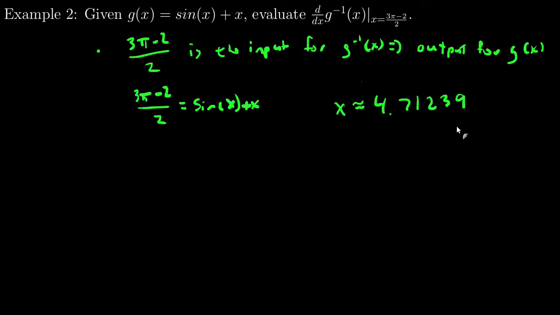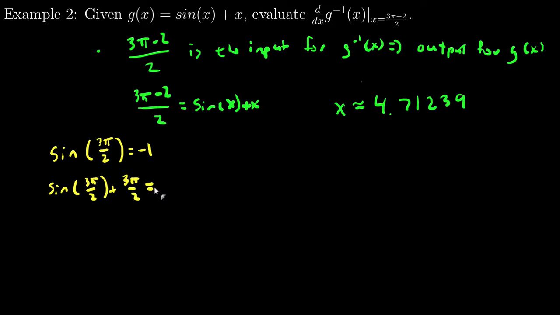Now, I actually know a little more about this, so here's a little aside. Because I have seen this function enough, I know that the sine of 3 pi over 2 is -1, and so the sine of 3 pi over 2 plus 3 pi over 2 will equal -1 plus 3 pi over 2, which is this.